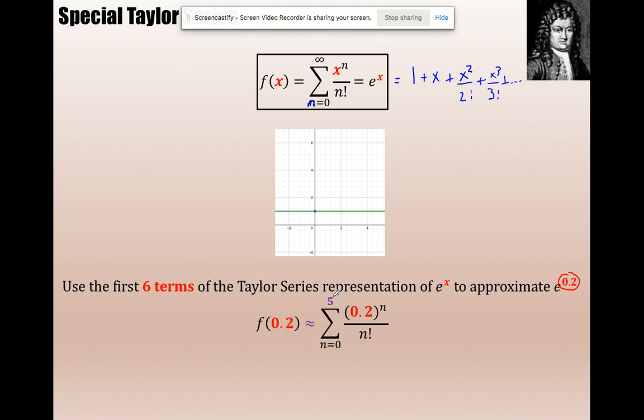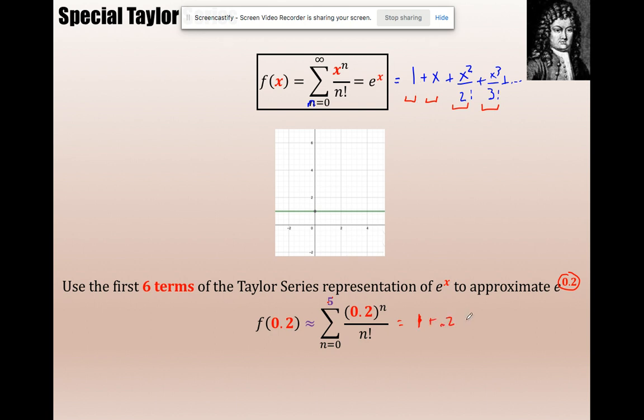So I want the first, hey, why is that not a 6? Why is it a 5? Oh, right. They said 6 terms, but remember, this is the first term, 1, 2, 3, 4. So this is plug 0.2 in for x. 1, there's x to the 0, right?